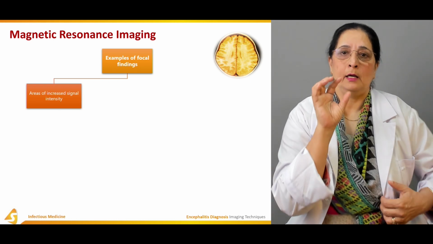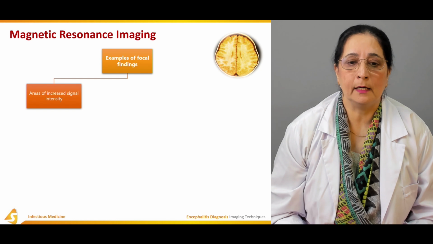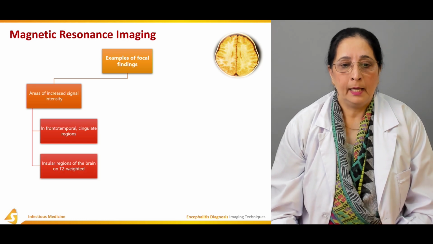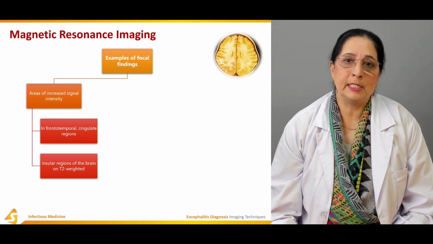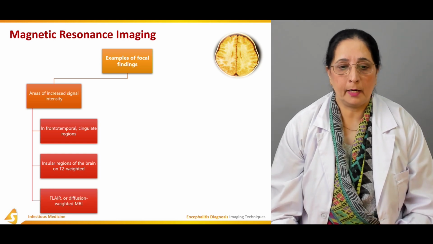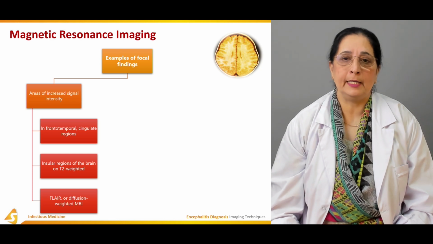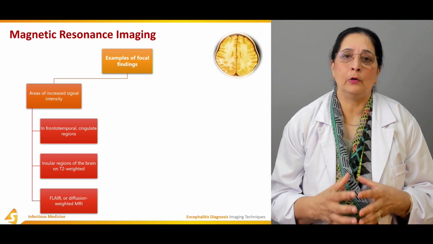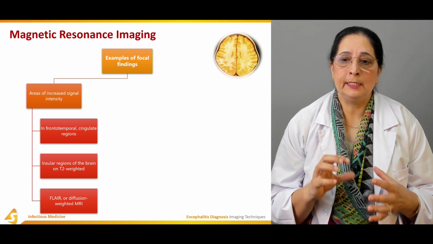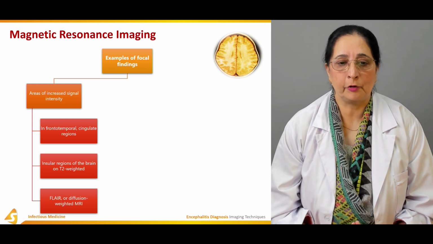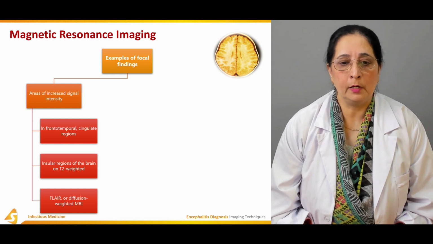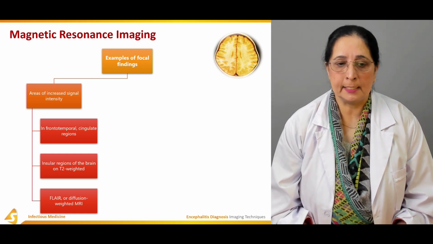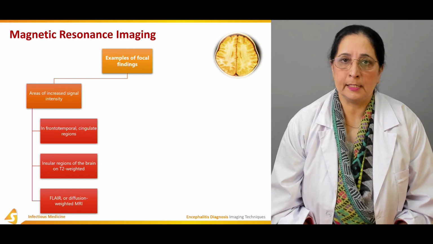So the focal area of increased signal intensity is present in the frontotemporal cingulate region and insular region of the brain on T2 weighted MRI, and also FLAIR or diffusion weighted MRI.